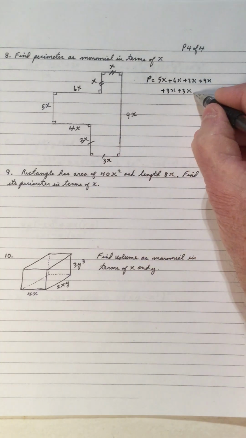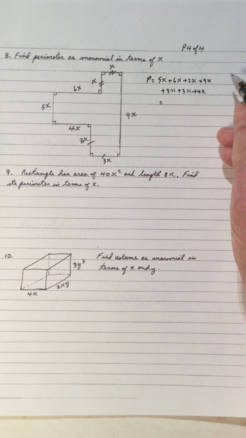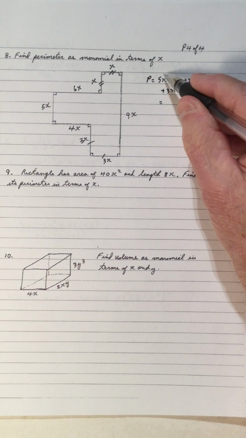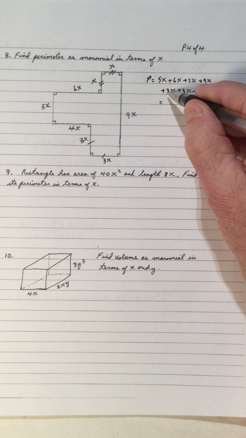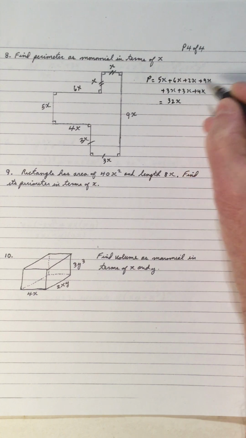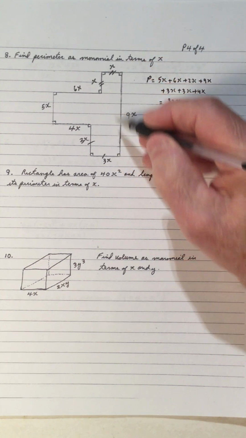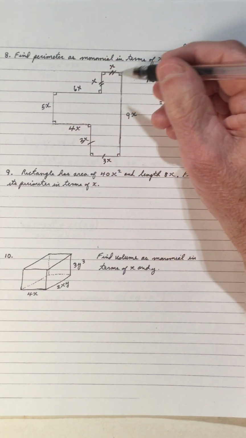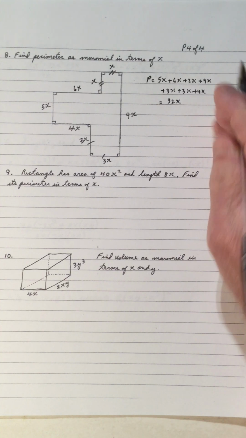And that's a 4x. Bring us right back to the beginning. And if we add all of them up, we get 11, 20, 22, and that's a 10. So that looks like it's 32x all the way around. The reason I made up this diagram is because you had to go down this side and fill in the missing sides, or you had to come through here and fill in the missing sides.